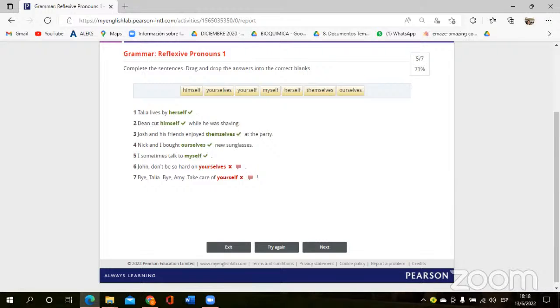So in this sentence, it's saying that John, don't be so hard on yourself, because we're talking about just John. And in the last one, we are talking about two of them. Bye, Talia. Bye, Amy. Take care of yourselves with VES. Okay, so singular and plural.